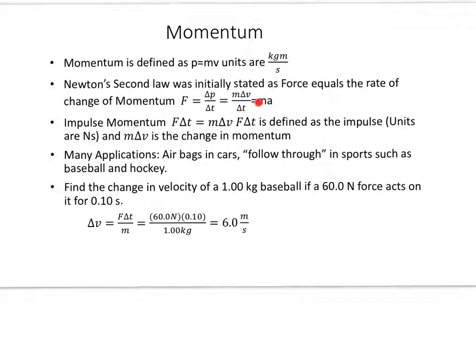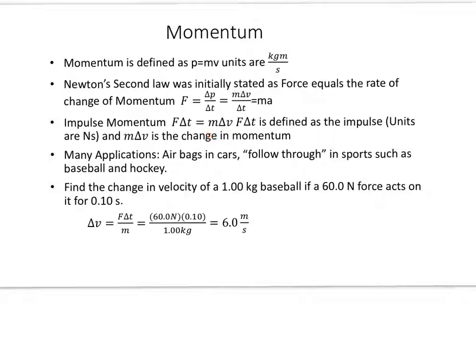Now, another aspect of this equation is if you multiply both sides by delta t, you end up with F delta t equals m delta v. This product of F delta t is defined as impulse, and the units are newton seconds.